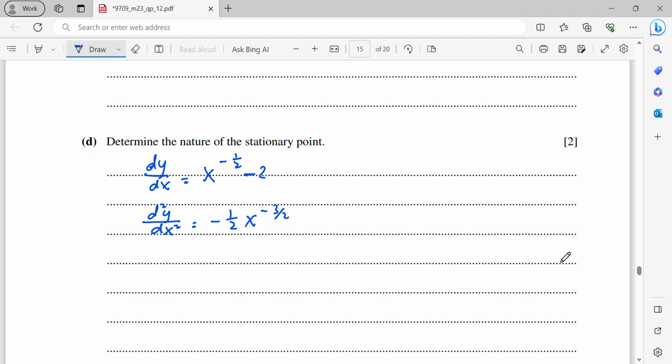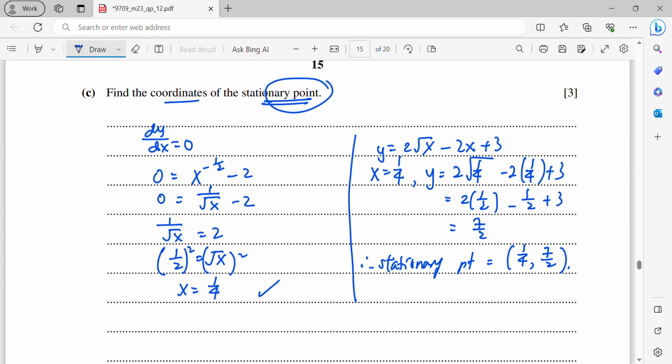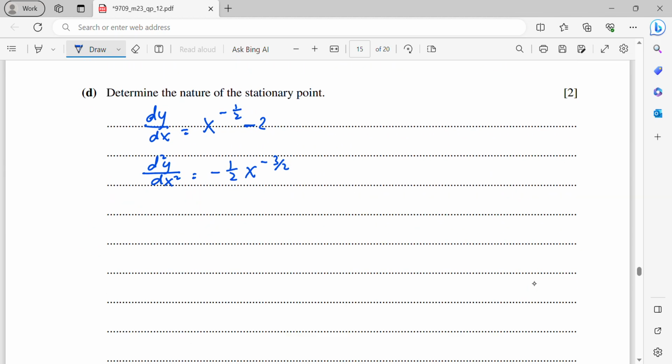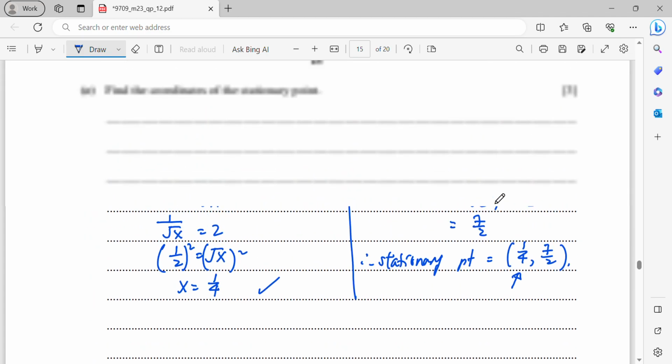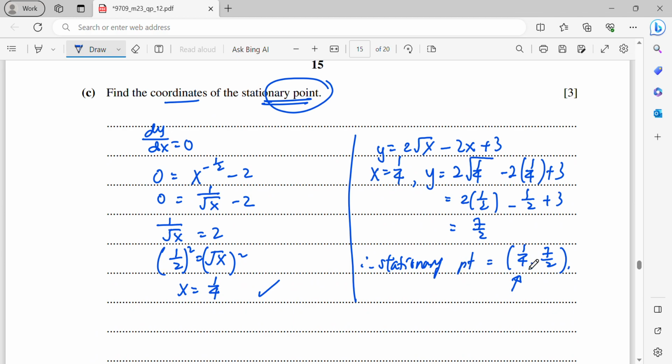And now, from the stationary point, the x is 1 over 4 in the previous part. So now I will substitute my x by the stationary point, my x by 1 over 4. Okay?